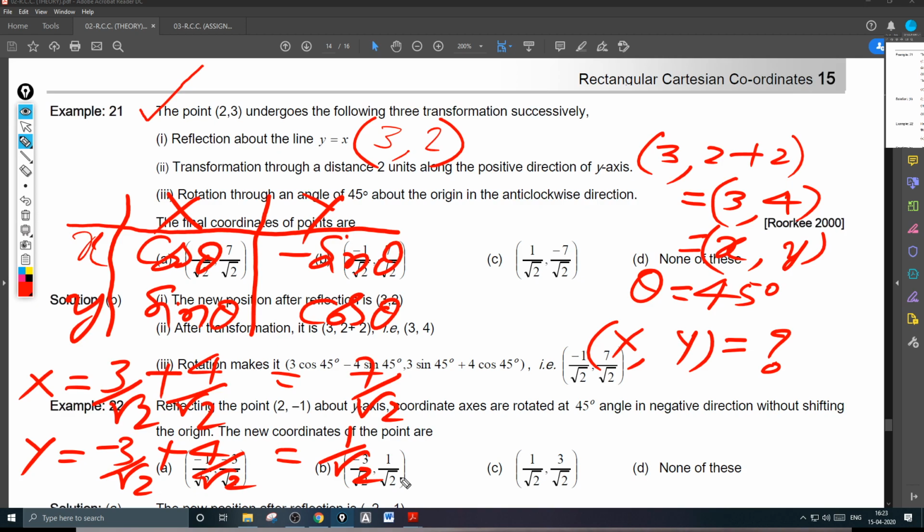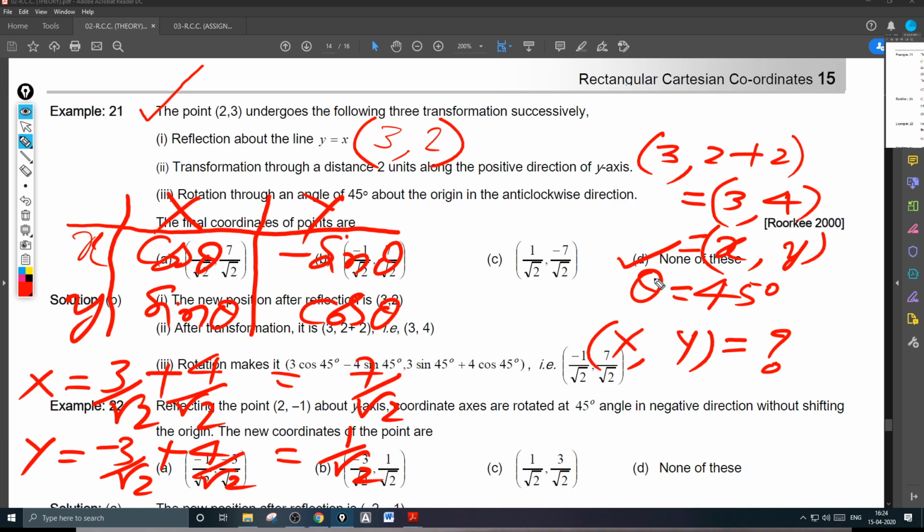But what he did now, he has taken this as capital X, capital Y, which I feel is wrong, because you have to find out the final coordinates. Final coordinates means new coordinates. I think it should be none of this.